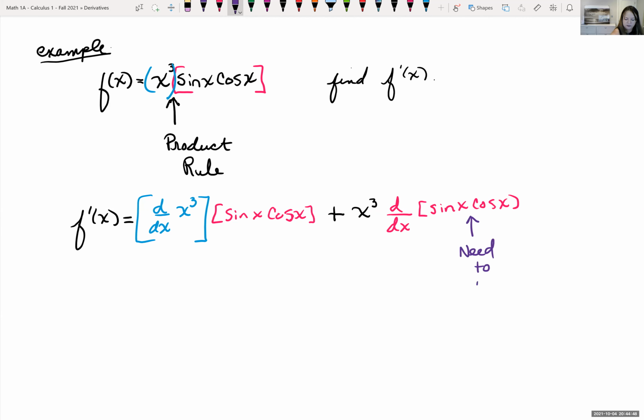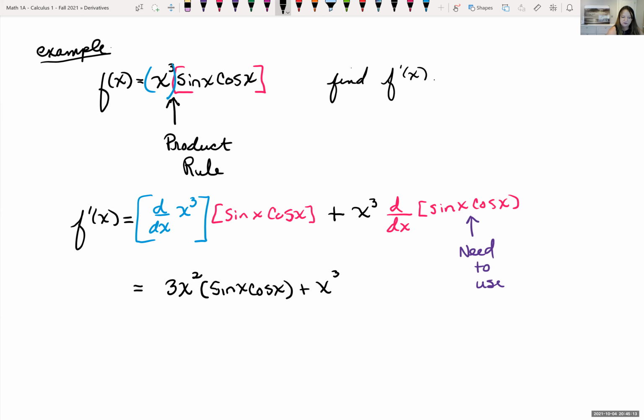Okay, so the first one is pretty easy. Derivative of x cubed. Hopefully you guys have that general power rule down. Bring our power down front, subtract 1 from our exponent, we get 3x squared, all times the sine x cosine of x. Plus x cubed.